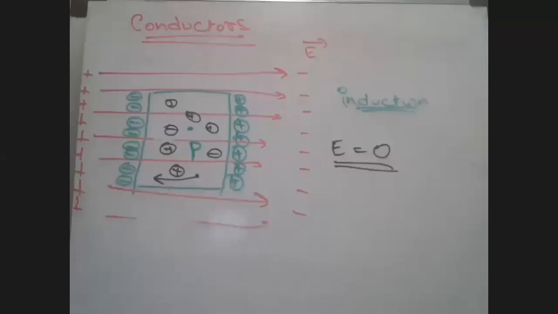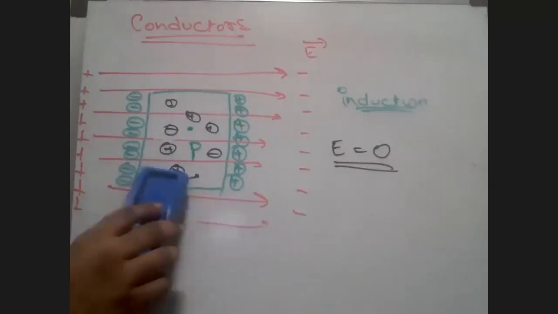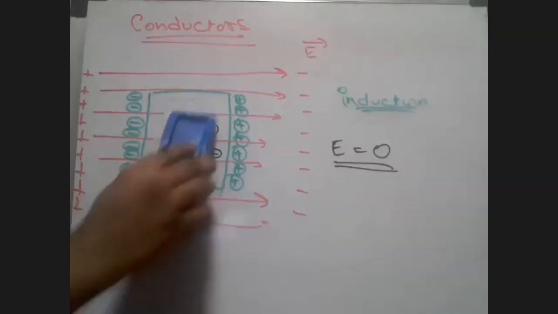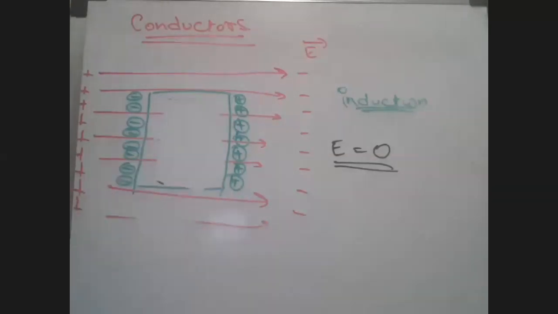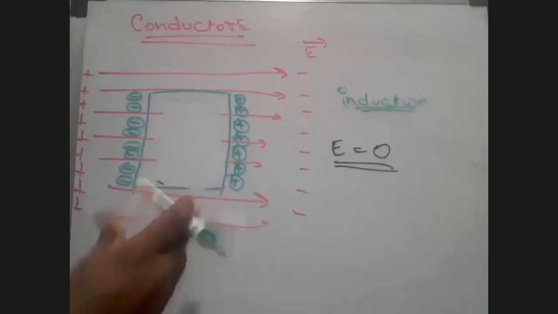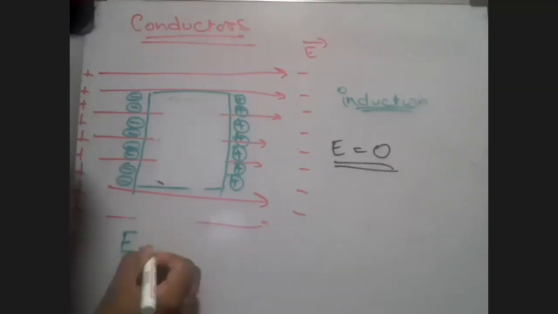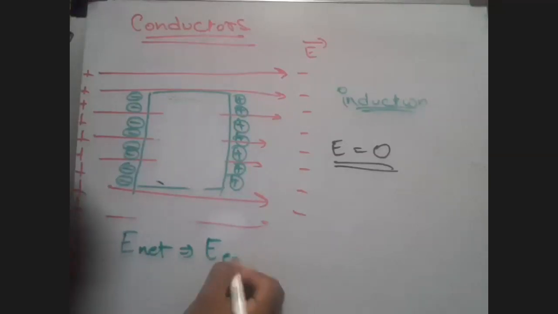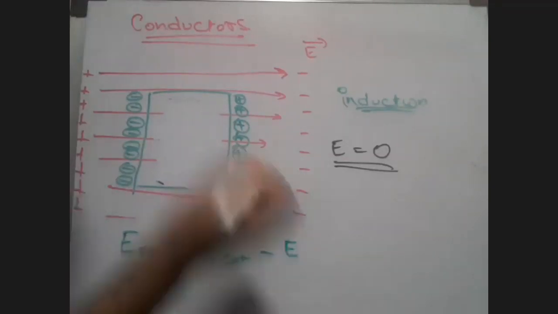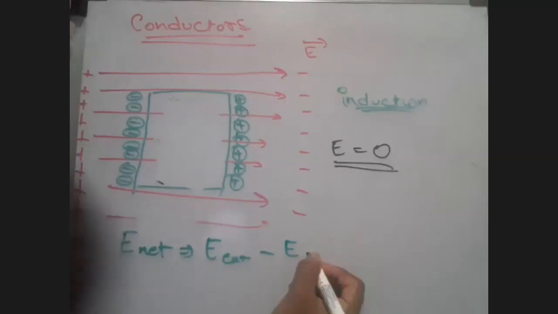Once the charges are redistributed, there is no electric field inside; it becomes 0. Again, the net electric field intensity is E external minus E due to the conductor. So E inside the conductor, I will write EC.